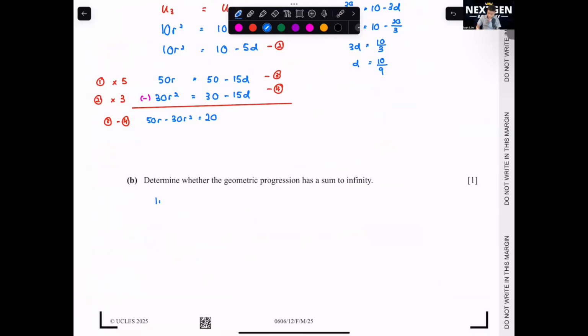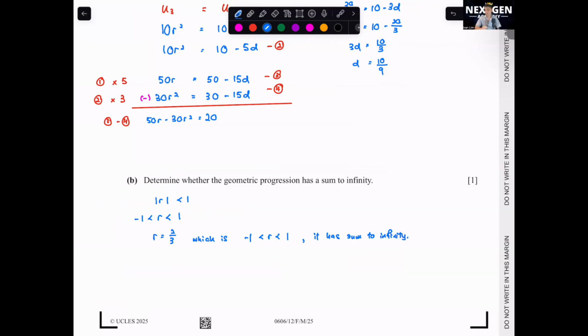Okay, we can do this. Modulus R less than 1 means R needs to be in between -1 and 1. So your condition is, if R is in between -1 and 1, then it has a sum to infinity. So we can say that R equals 2 over 3, which is in between -1 and 1, then we can say it has sum to infinity.